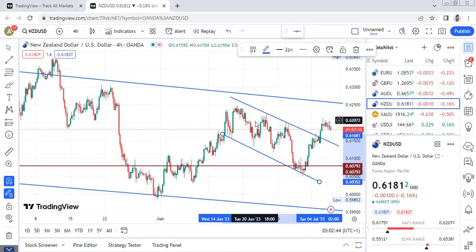So I'm not going to consider this first part because I didn't know. This second part I'm going to consider. You see that it gave a bullish doji, and it went up. On its way down, it gave a bearish pin bar, that's a shooting star, and it was doing that continuously.